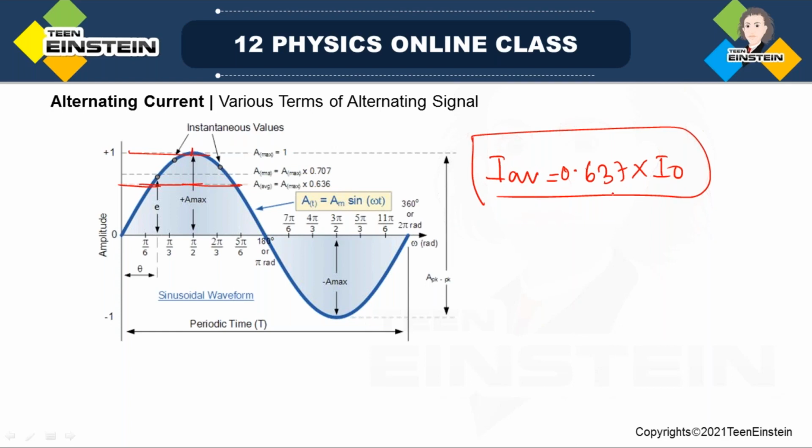Sometimes in your question it will be given as 63 percentage of I0, so the average value is nearly 63 percentage of I0. The RMS value will be defined later.